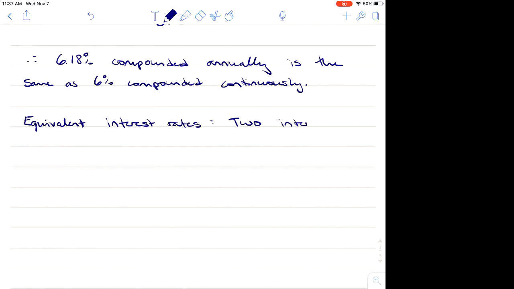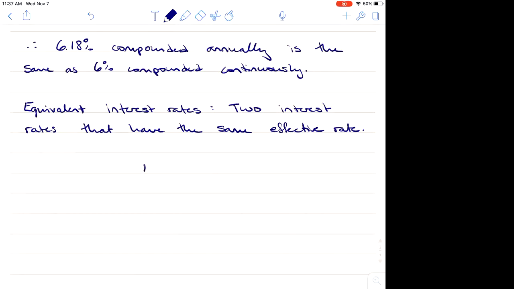So, two interest rates that have the same effective rate. That definition isn't as helpful as the other one, but like I said, we're going to use it to develop this new formula.